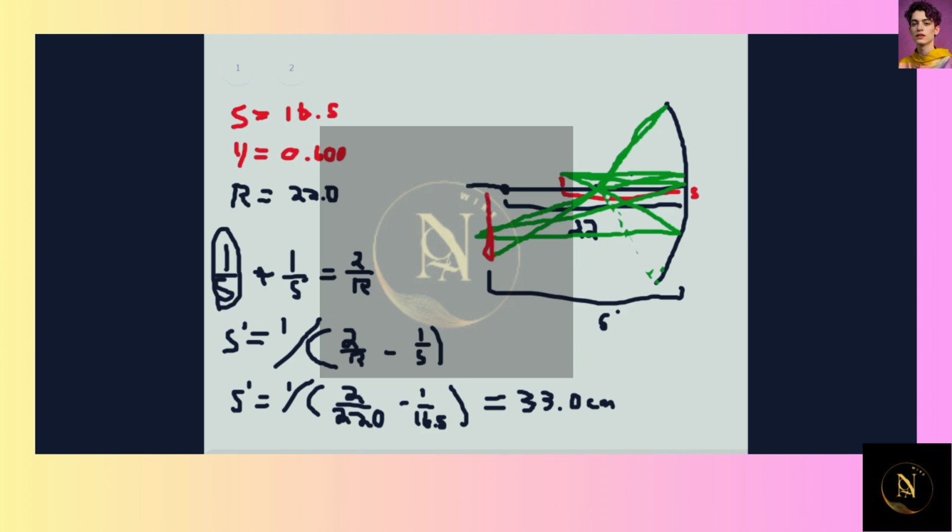Okay, so this image is real, and it is real because S, the distance from the object to the mirror, is larger than the focal length, and that will make our image real. Now, if the image was over here, smaller than the focal length, then that image would be virtual. All right, thank you.